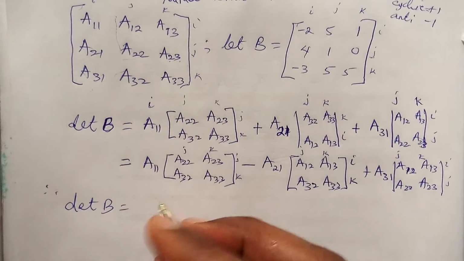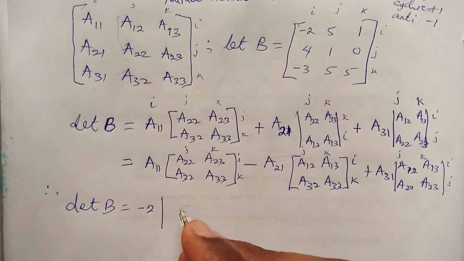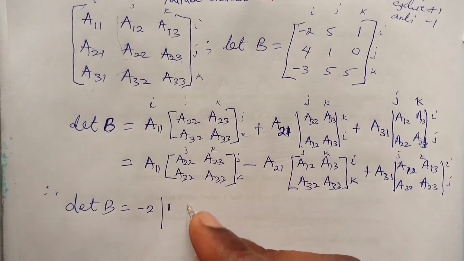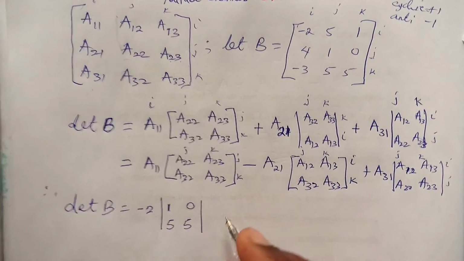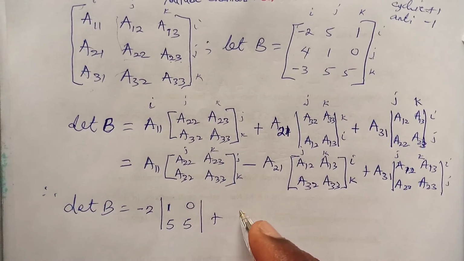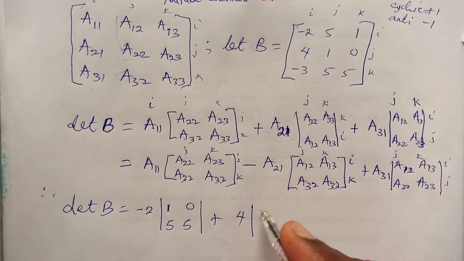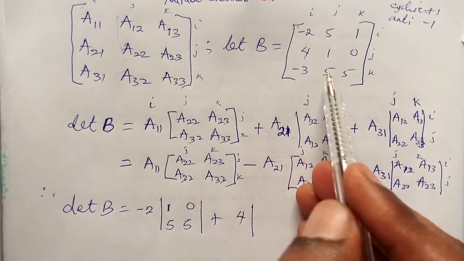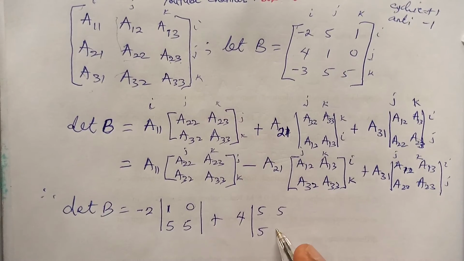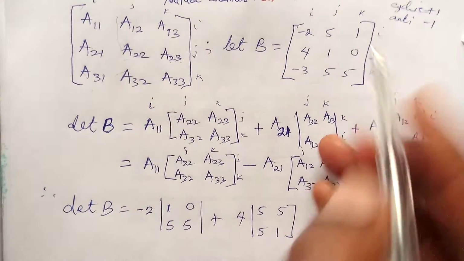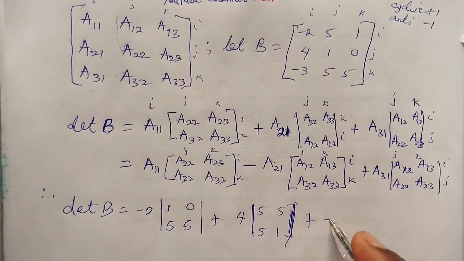B is equal to, for A11 is minus 2, A22 is 1, A23 is 0, A32 is 5, plus A21 is 4, A32 is this one 5, 5, A12 is 5, A13 is 1, that one, plus A31 is minus 3.